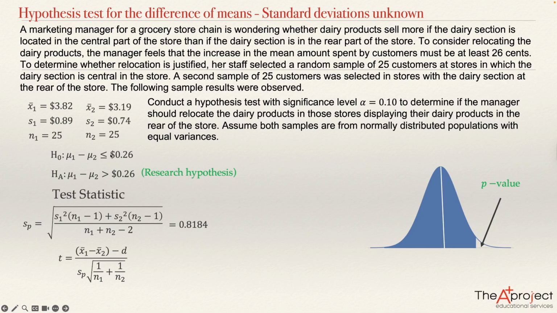So we're assuming that the difference is 0.26 in this case. So this number D here is 0.26. All the other values, SP, we already computed at the top. So we make a substitution and we have this for computing the test statistic.